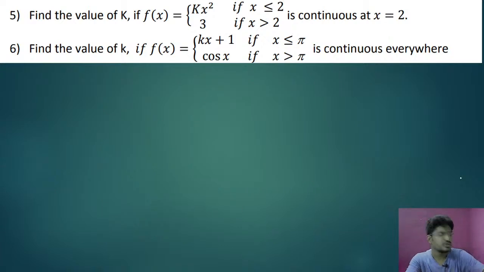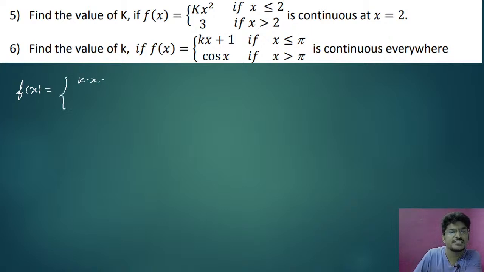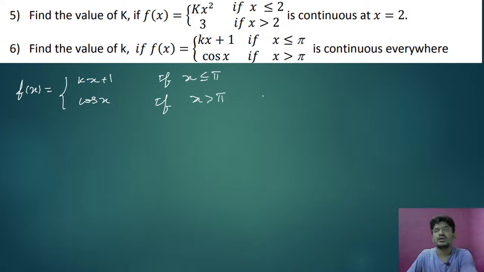In problem number 6, you can see the function f of x equal to kx plus 1 if x is lesser than or equal to pi, and cos x if x is greater than pi, is continuous everywhere.